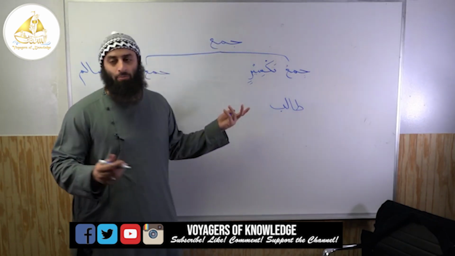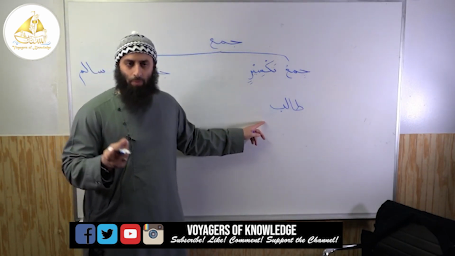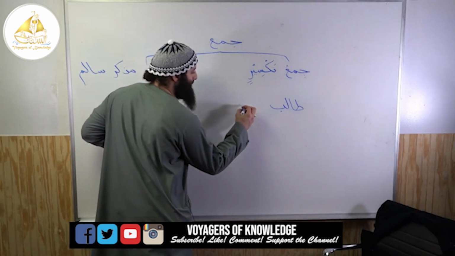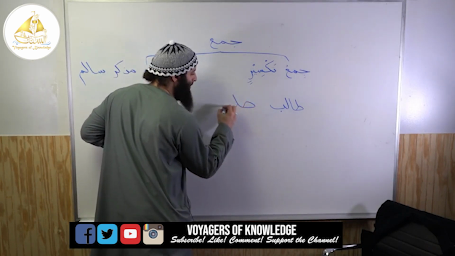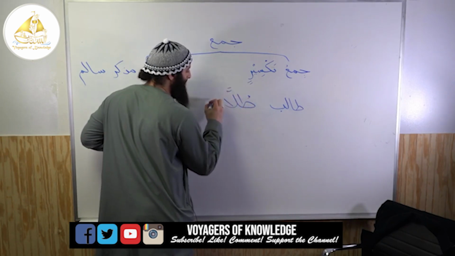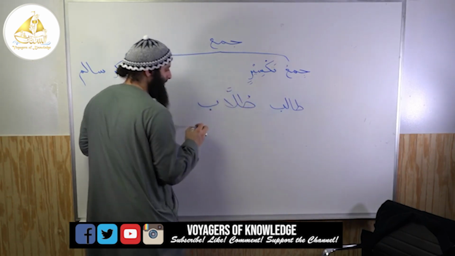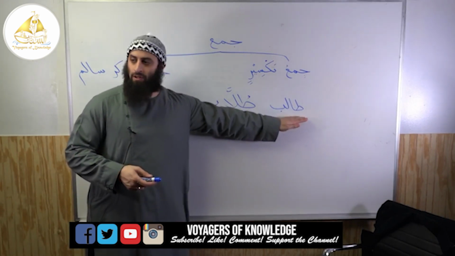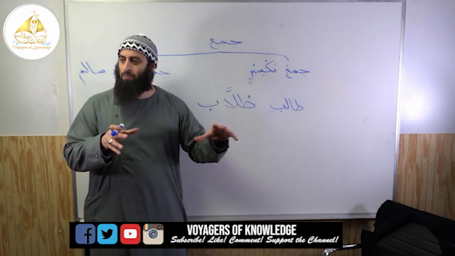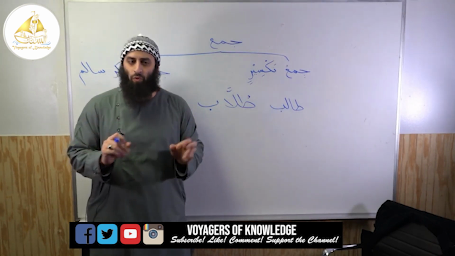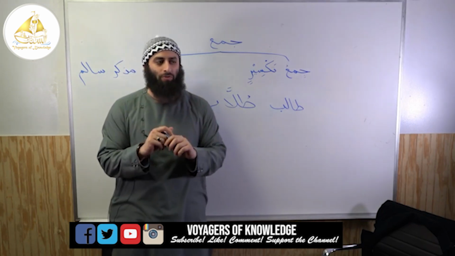Talibun, is it singular or plural? Singular. And when I make it into plural, I'll try to write a little bit bigger. Tullabun. Now, in this structure, did the letters remain the same or did we have to shift some letters around? We had to shift some letters around.